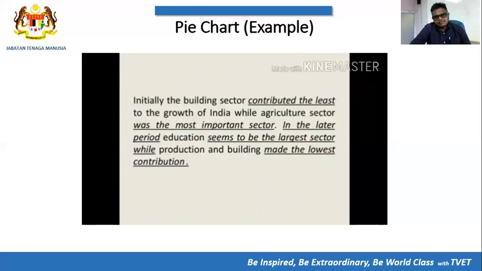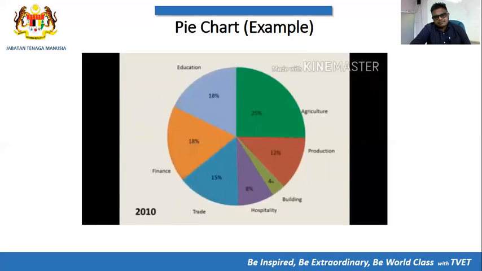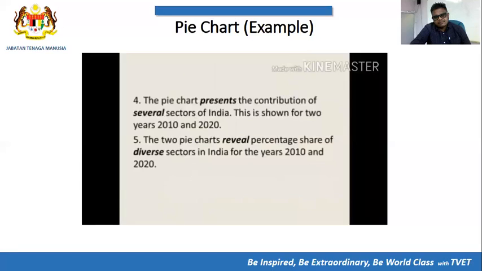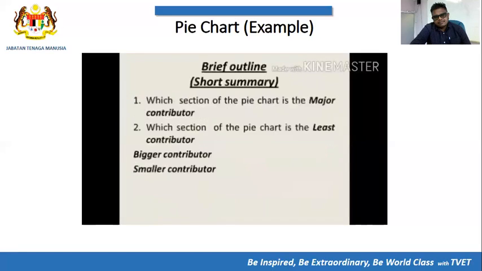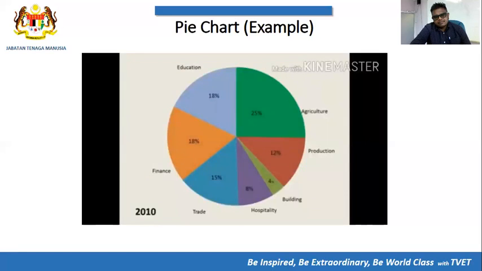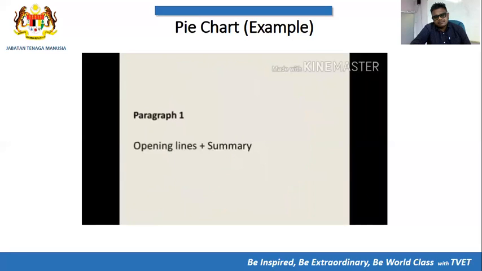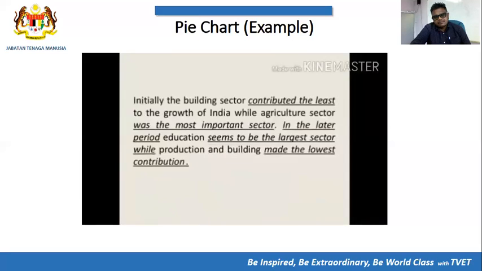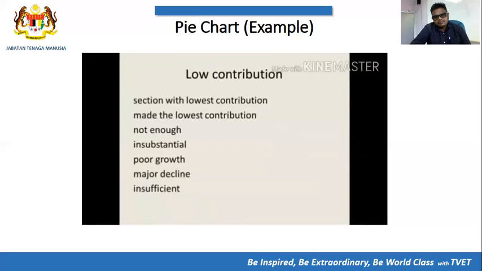So dear students, I hope you all have understood how to write a paragraph about a pie chart. First you need to follow the opening line and then give the summary. After that, in the second paragraph, you need to show the increase and slight increase of sectors, meaning you need to show the variations. All the variations you have seen, you have to show.